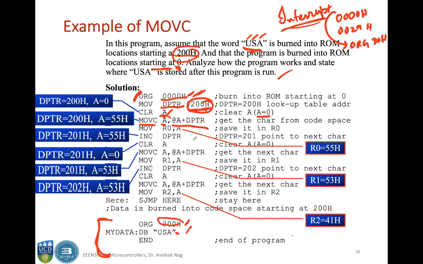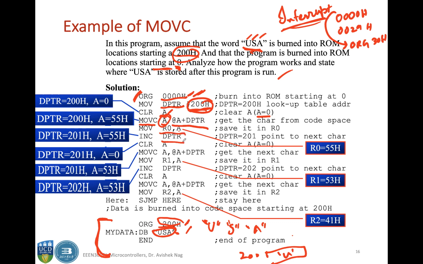So it looks like in the 200 memory location you have the starting location of USA. USA can be divided into 3 separate 8-bit ASCII characters, U, S and A. So at the first location, which is 200, you will have U. So that will be moved to the accumulator, and then you are saving that to R0.